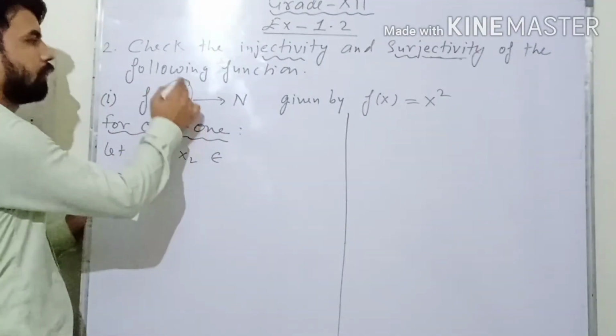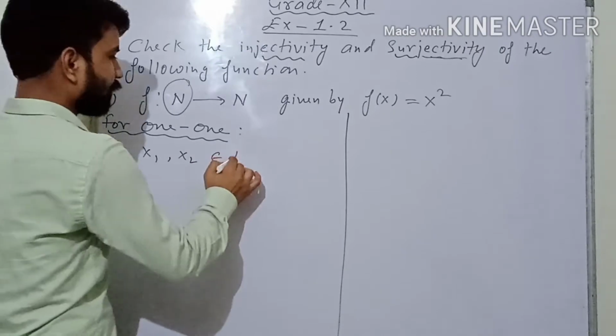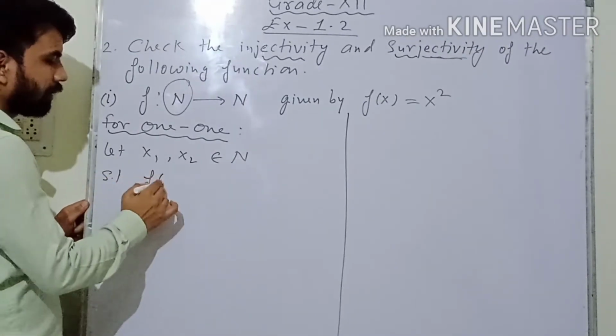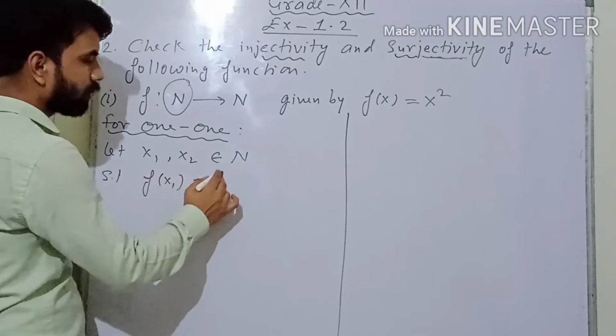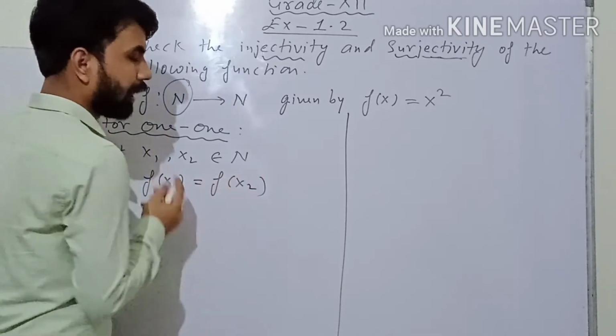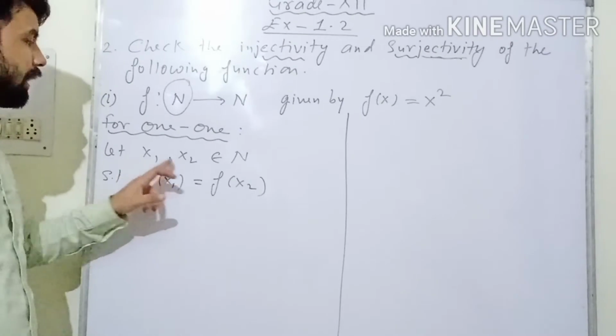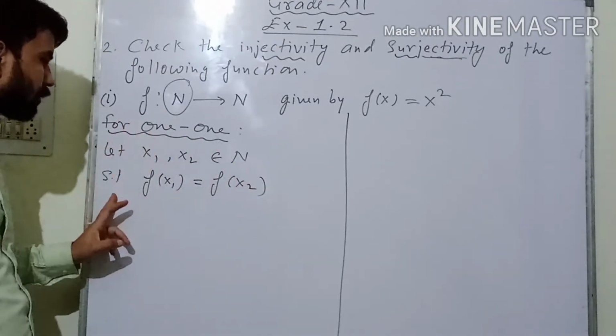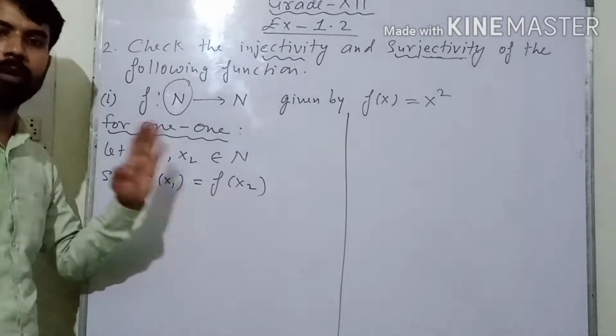What is its domain? Domain is N. So x1 and x2 belong to N such that their images are equal, f(x1) equals f(x2).